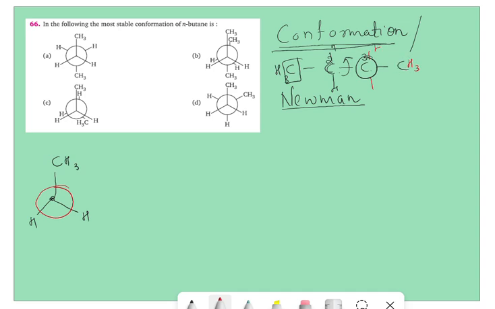That's nothing but methyl, and then we have 2 hydrogens. So how do we write that? Say if all of them are aligned in the same plane, hydrogen is behind the other hydrogen, and methyl is behind the methyl, then we are going to get a conformation which is called eclipsed because they are all in the same plane.